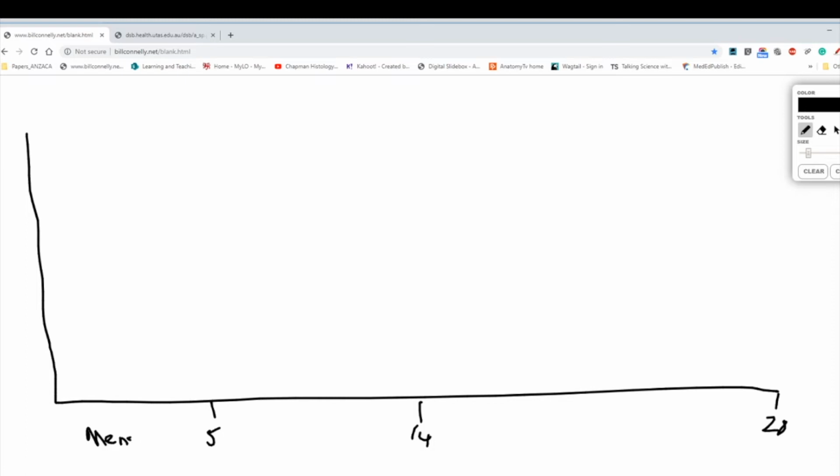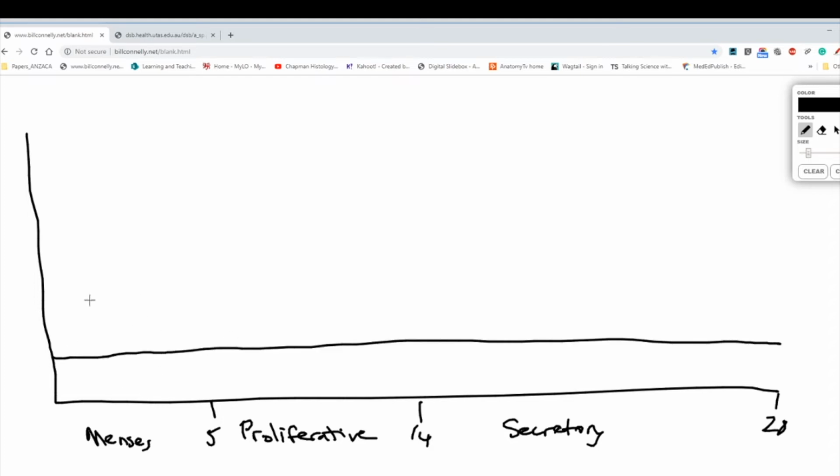So we had Menses, we had the proliferative, and we had the secretory. Okay, and so we had our stratum basale, and then we had our endometrium.